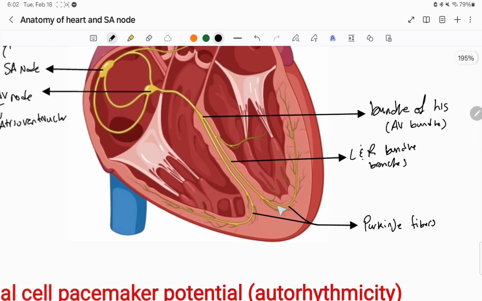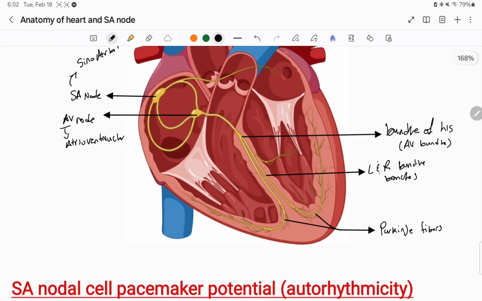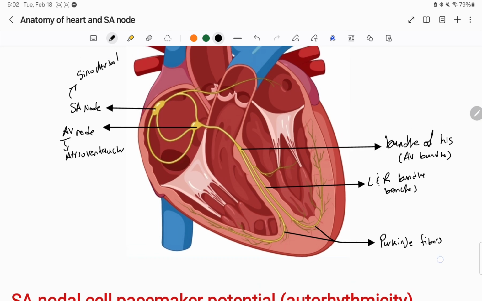And these Purkinje fibers are little terminal branches of the bundle branch that go and squeeze their way in as close as possible to a lot of these cardiomyocytes that are in here. Okay? Now, the Purkinje fibers actually exhibit pacemaker ability. They exhibit autorhythmicity. Okay?